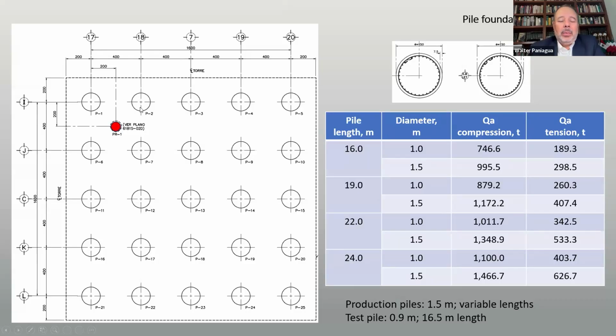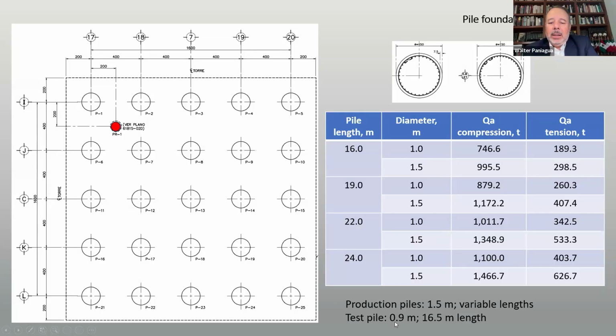The piles are 1.5 meters in diameter, but the test shaft will be done in 0.9. So I extracted here from the geotechnical report the difference between the compression and tension capacities in metric tons for 1 meter and 1.5 meters.